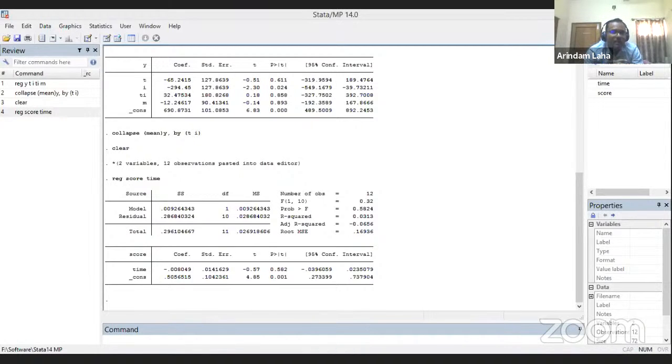Suppose 50 sample units, 50 respondents, are there. You ask them in the pre-COVID situation and in the post-COVID situation. In this way, you have to consider a time series. Otherwise, structural break is related to time series only. If there is an abrupt change in the time series, then only you can explain a structural break. Otherwise, it is not possible.